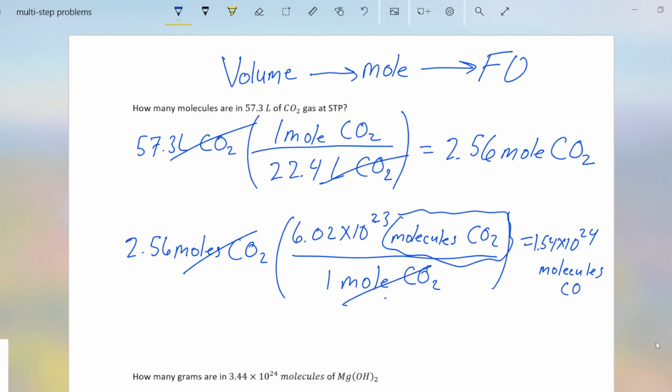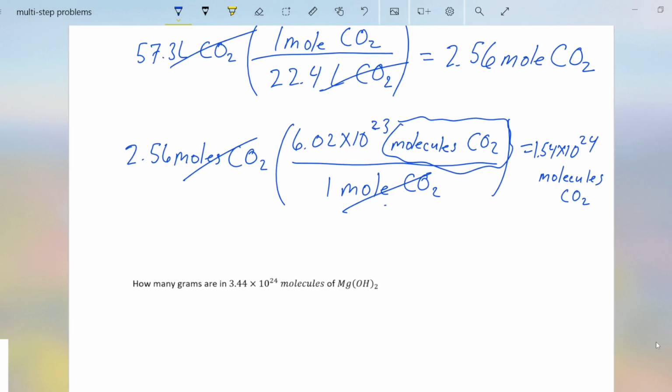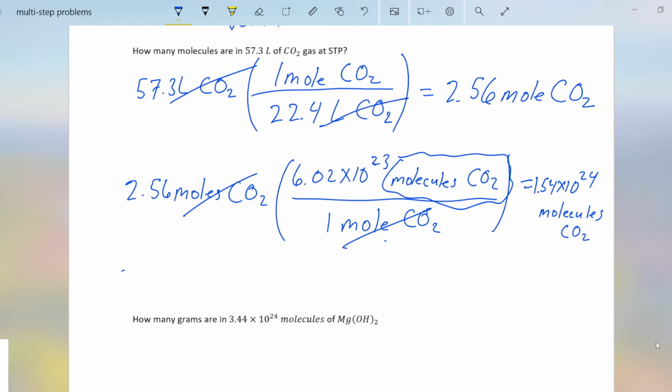of CO2. That's awesome. That's how we would do a multi-step problem, and we can do both of these steps at once. How we would do that is I would take my 57.3 liters of CO2, and I would do my first boat, just like my first boat was 1 mole CO2 divided by 22.4 liters of CO2. And then I would multiply that by my second boat.